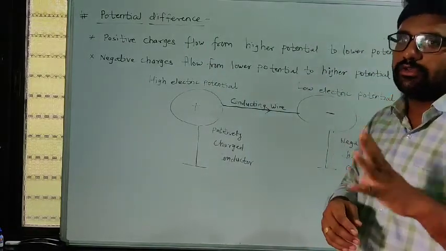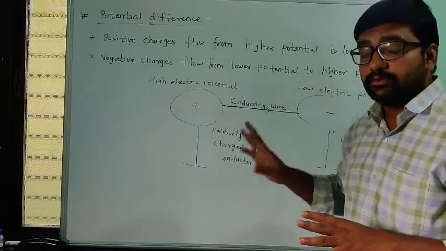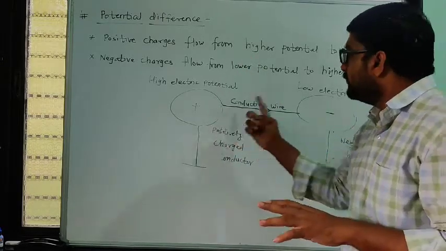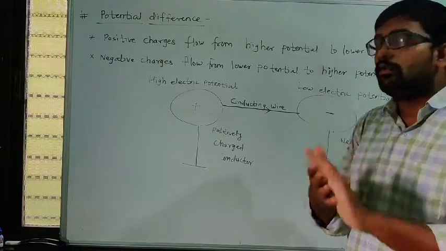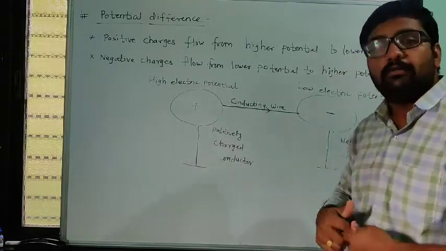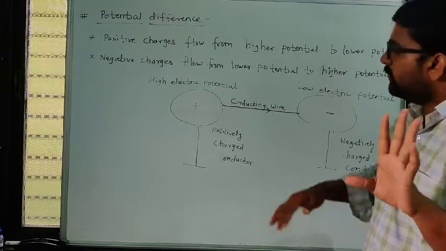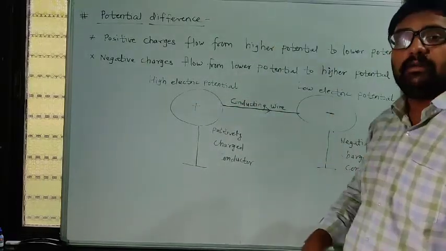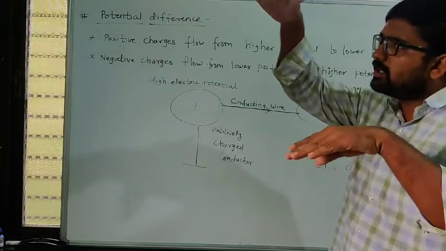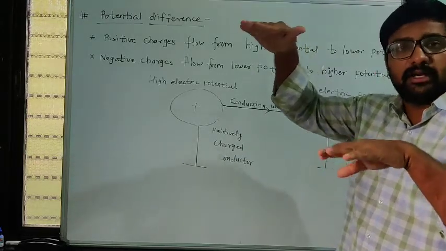Okay, if potential difference is not present between these two conductors, then charges will not flow if we connect them by a wire. But initially what happened? One is at higher potential, the other is at lower electric potential, so there is some potential difference between these two terminals.